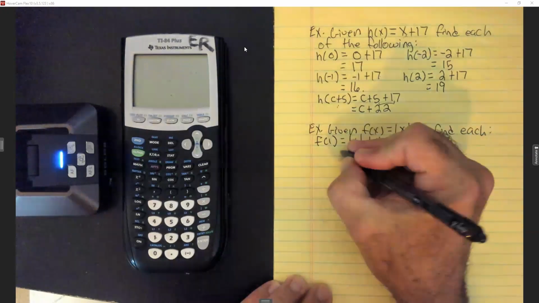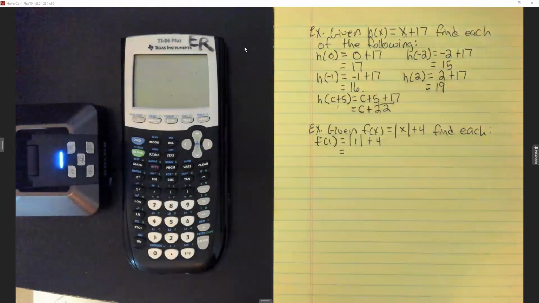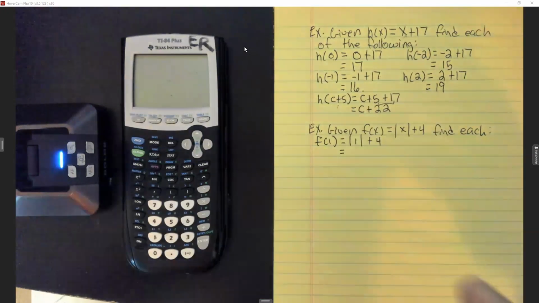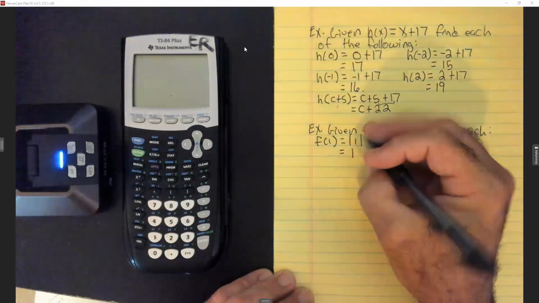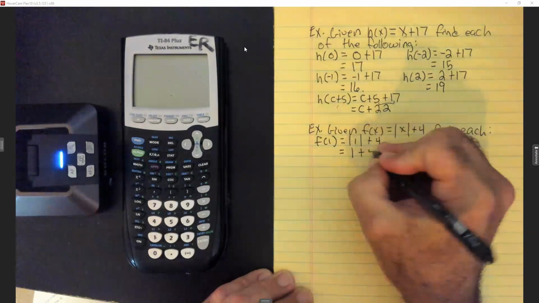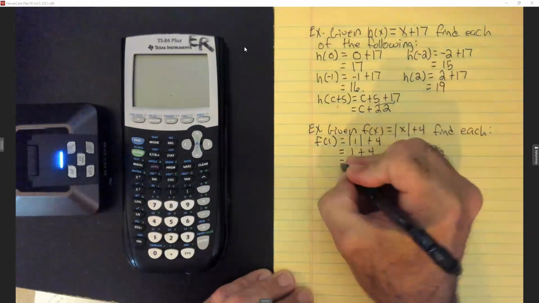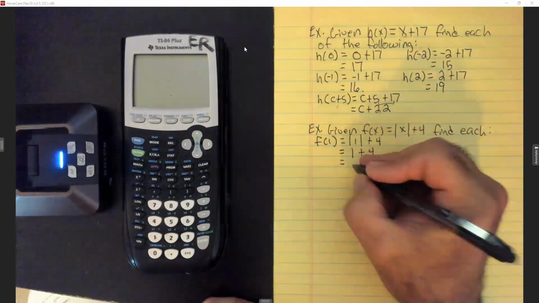On this problem, treat the inside of the absolute value like you would parentheses. It's got to be the first thing I do. So the absolute value of 1 is 1, and then bring down your plus 4. Now we just add, and 1 plus 4 gives us 5.